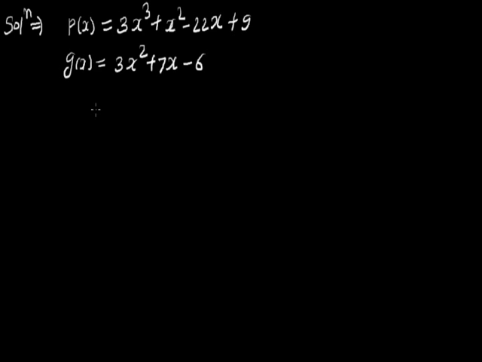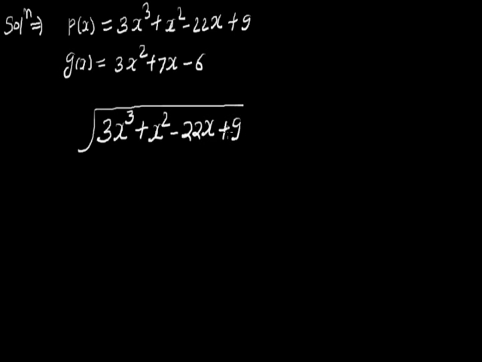So we will divide 3x cube plus x square minus 22x plus 9 by 3x square plus 7x minus 6.